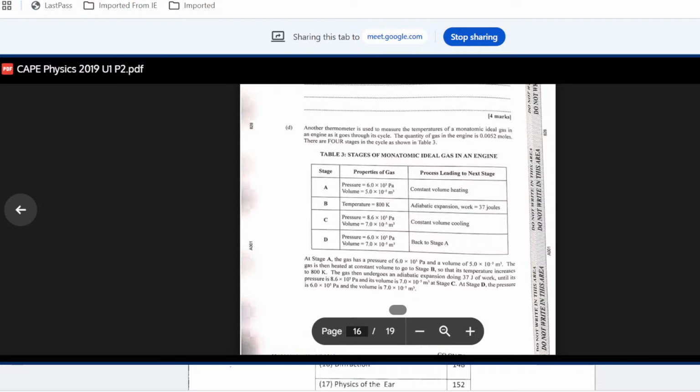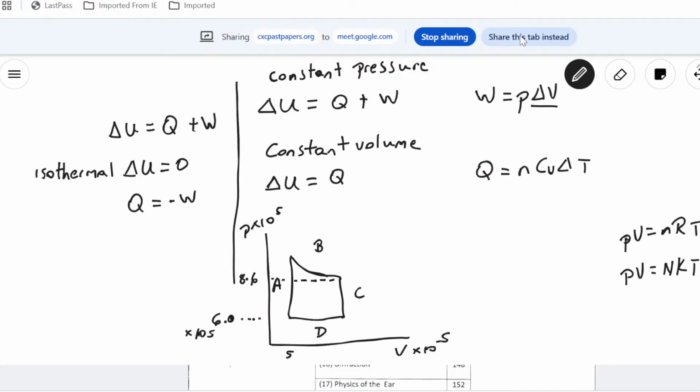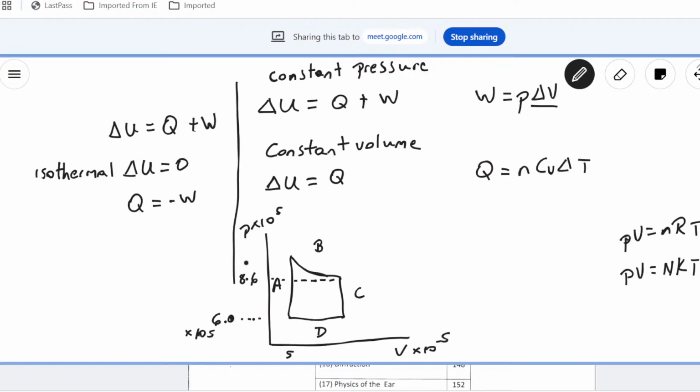So that's why on my sketch, the 8.6 that I have here is not at the top. 8.6 would be where the adiabatic expansion stops.